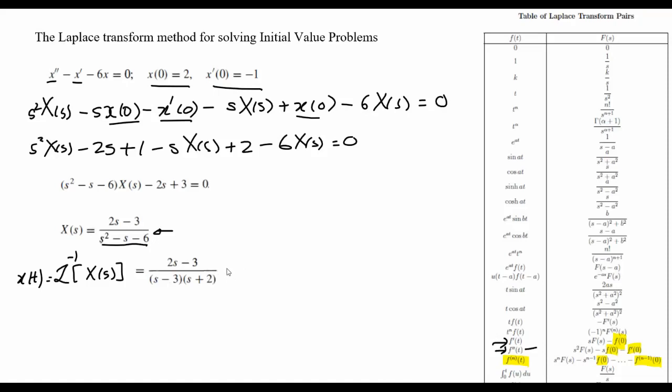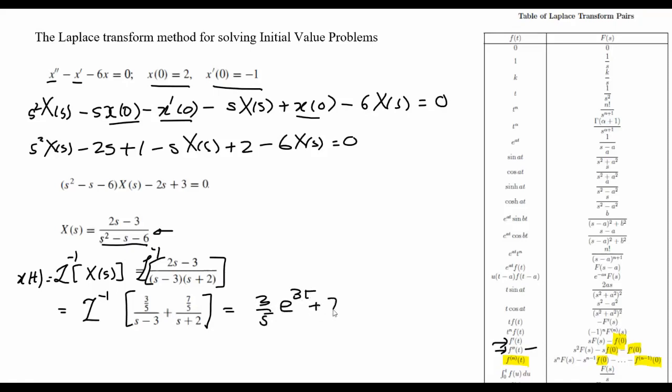Before we take the inverse Laplace transform, we need to write this in partial fractions form. After doing the partial fractions, the inverse gives 3/5 e to the 3t plus 7/5 e to the minus 2t, and that's the solution to this differential equation.